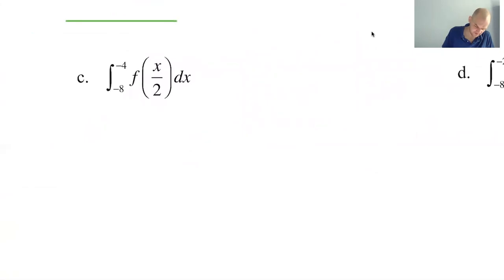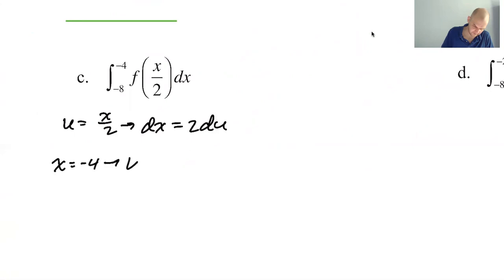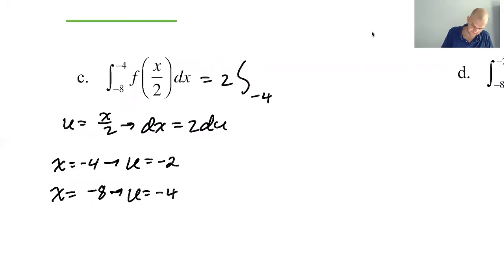I'm going to do u-substitution on this for sure. So dx is 2 du. If x is -4, then u is -2. And if x is -8, then u is -4. So we're doing 2 times the integral from -4 to -2.